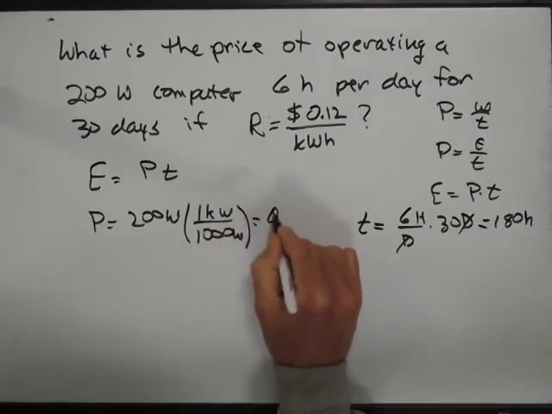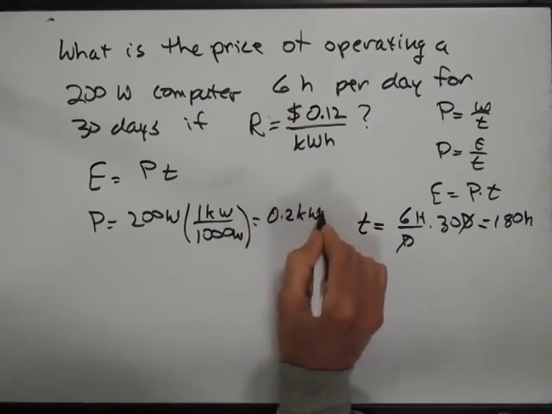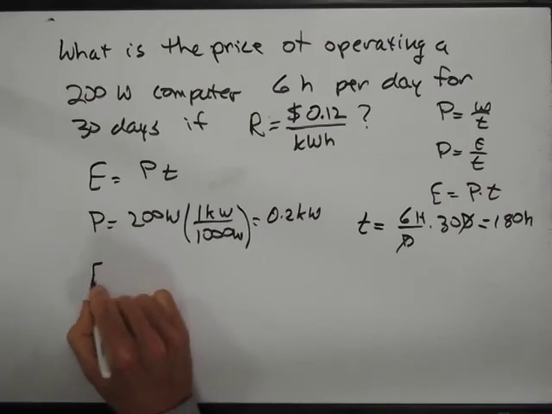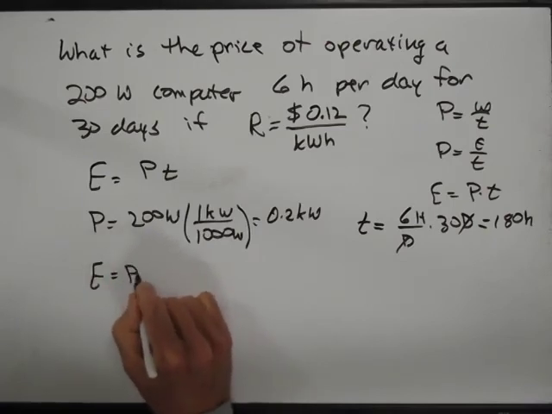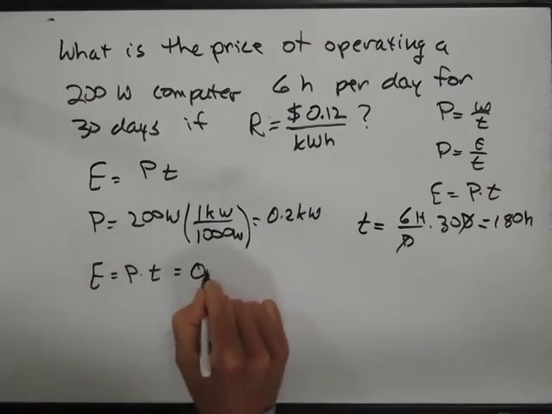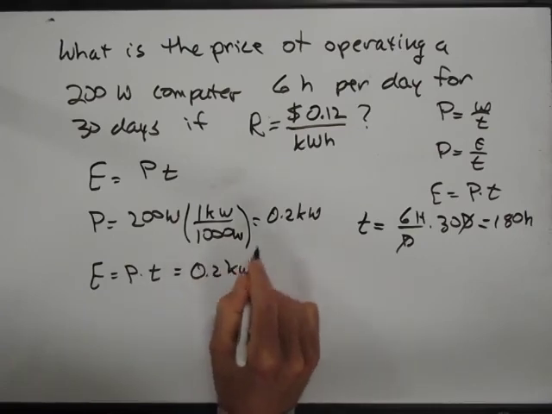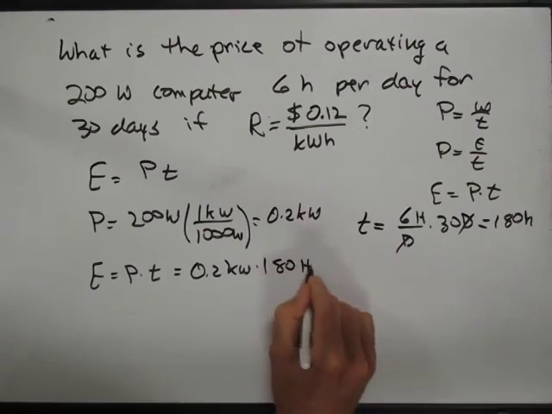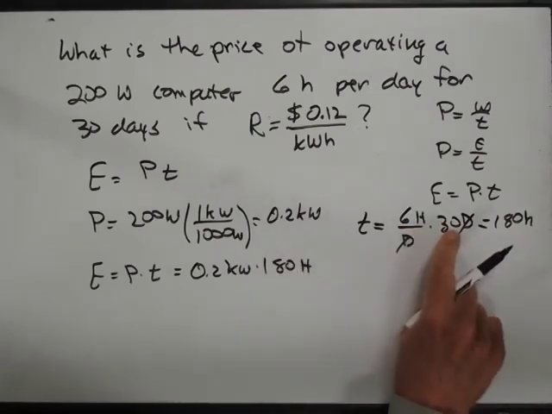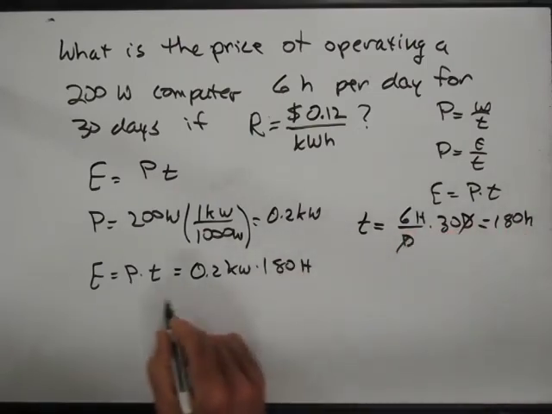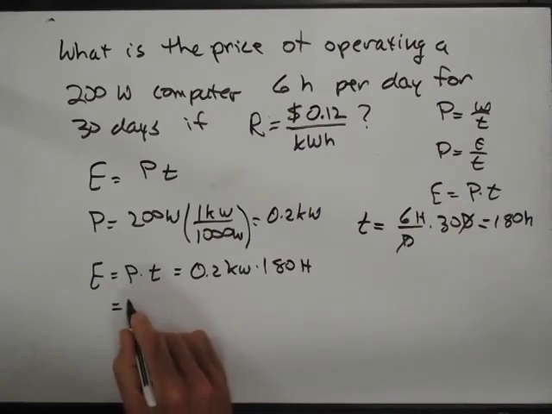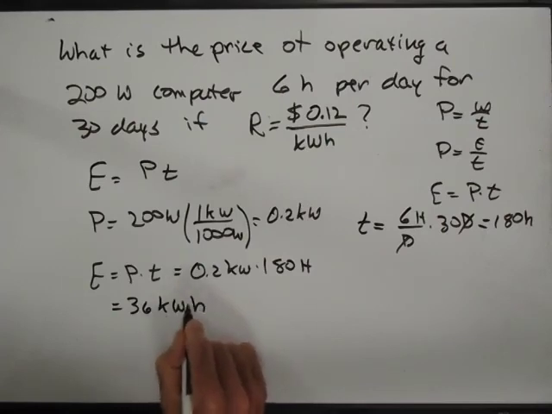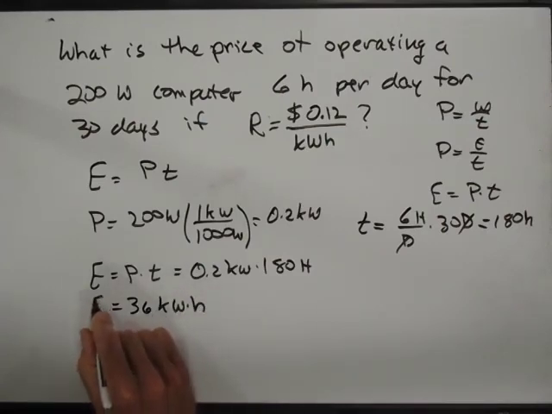And that gives us 0.2 kilowatts, right? And now we've got to multiply it by the time, and so the energy is the power times the time, which is 0.2 kilowatts for 200 watts times 180 hours, because it's 6 hours a day times 30 days, right? And so this gives us 36 kilowatt hours, right?